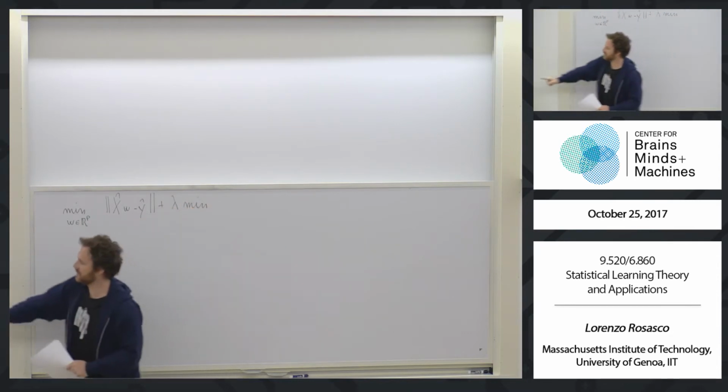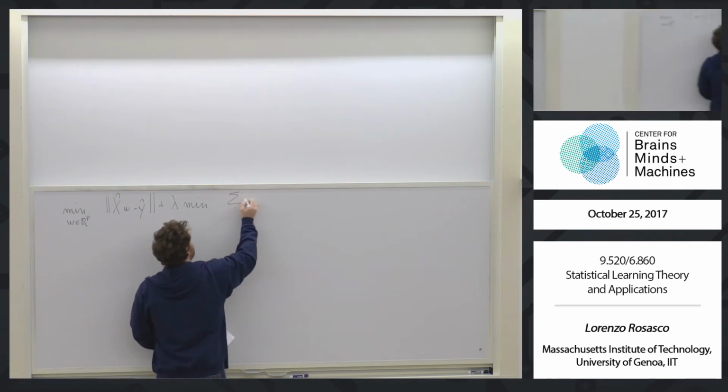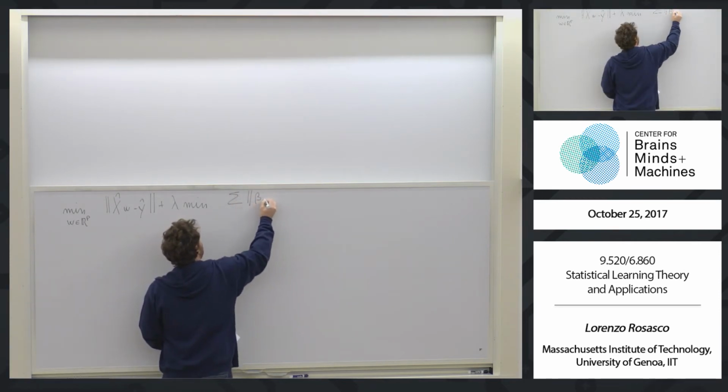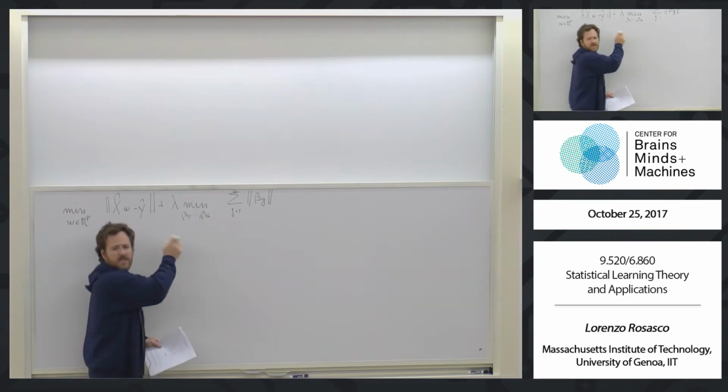I'm going to rewrite this in a slightly more compact form, which is that I say that this is the sum of the norm of B_g, g from 1 to capital G, and I minimize over B_1, ..., B_G. Let me omit the space where they are.